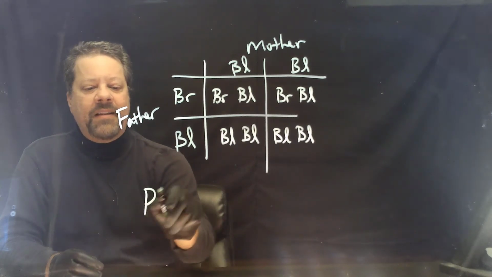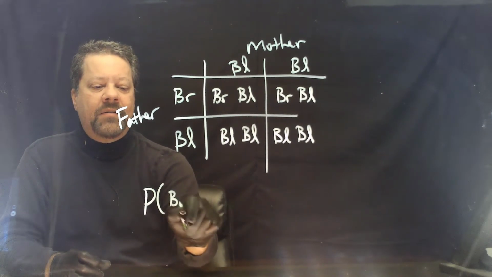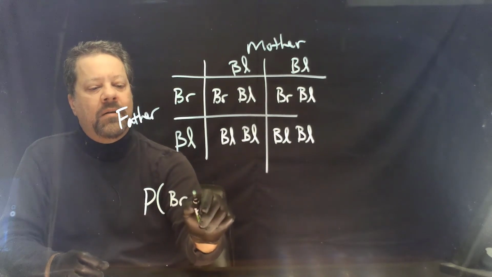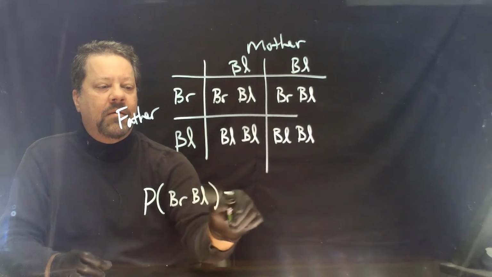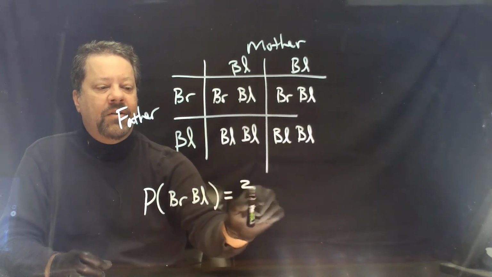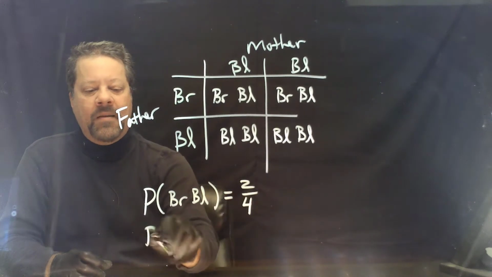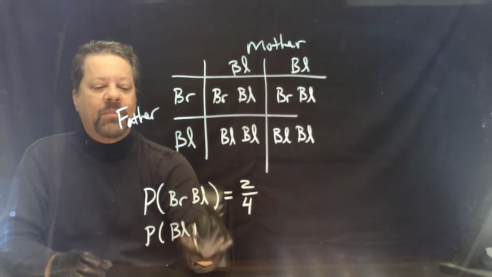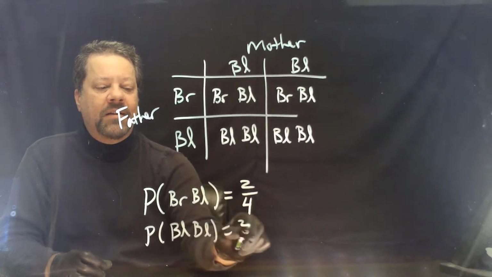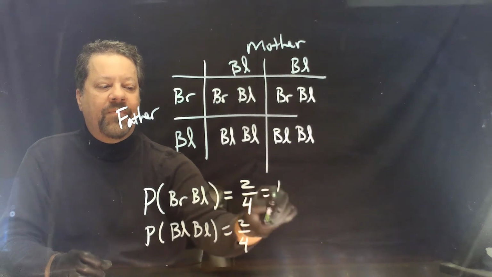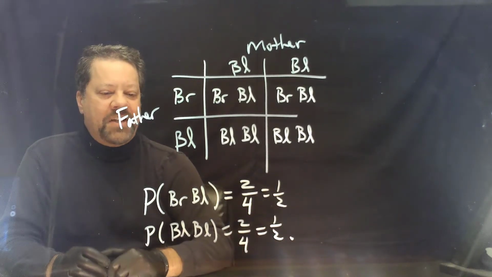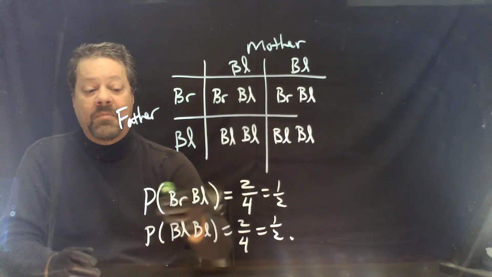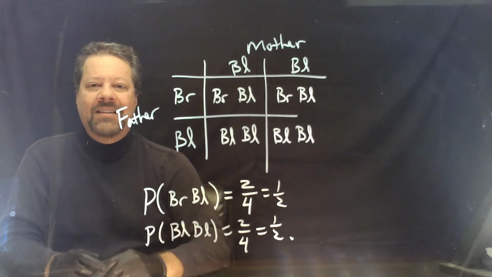So the probability that the child has brown eyes will be 2 out of 4. The probability that the child has blue eyes is also 2 out of 4. We have a 50-50 chance of the child having either brown eyes or blue eyes.